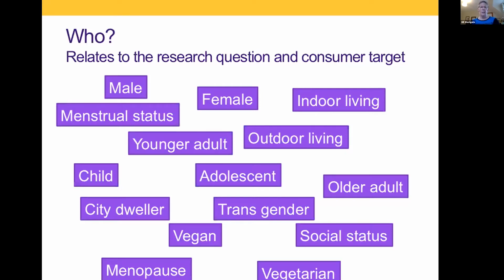Maybe look at things like issues to do with diversity, somebody transitioning gender. Are you looking at people in the city, or people who live outdoors? Is pollution something that is an issue? So when you're considering all these things, designing your study based on the consumer population of interest is really important.